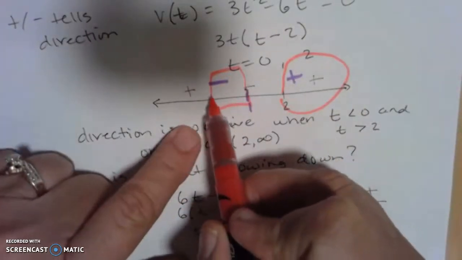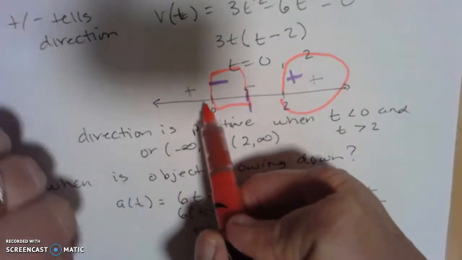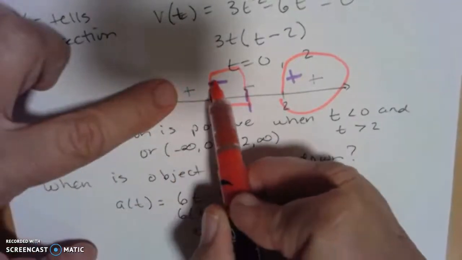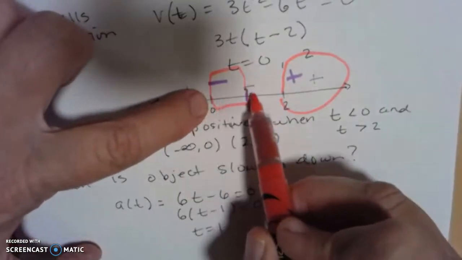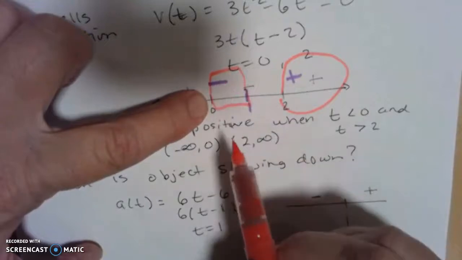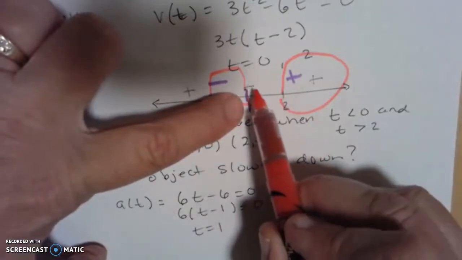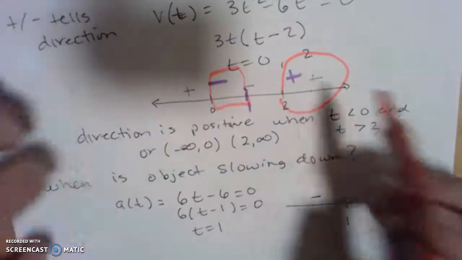But for anything less than 0, do you see how my velocity was positive but my acceleration was negative? Between 0 and 1, my velocity was negative, my acceleration was negative. Between 1 and 2, my velocity was negative, my acceleration was positive, and here they're both positive.